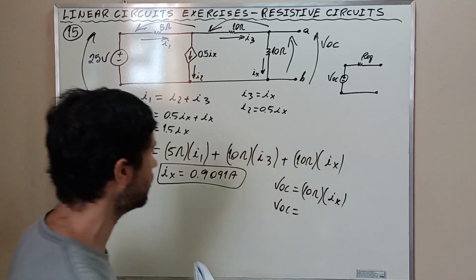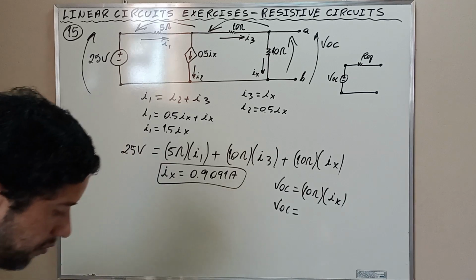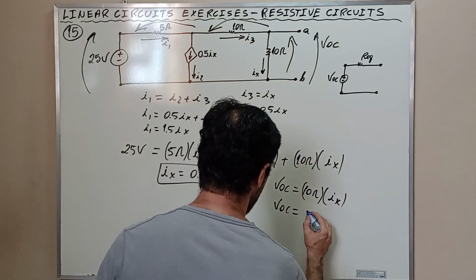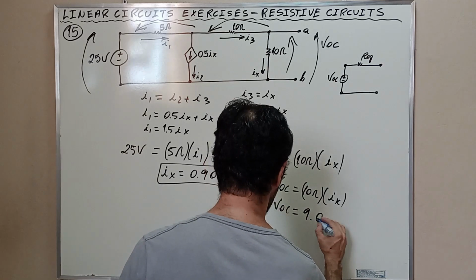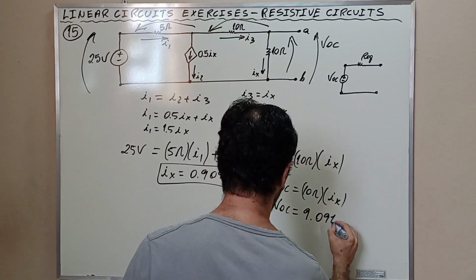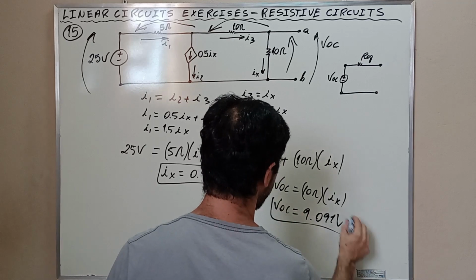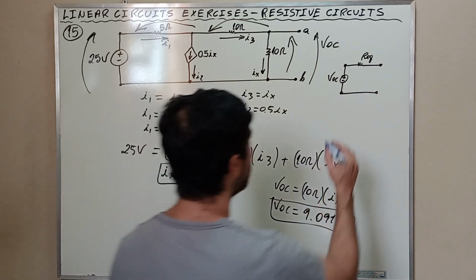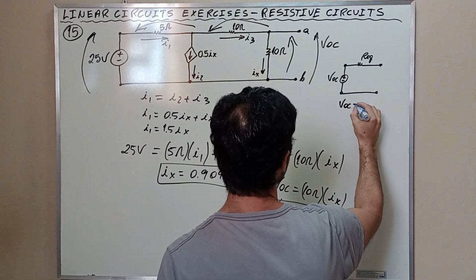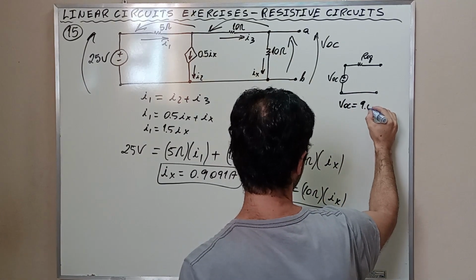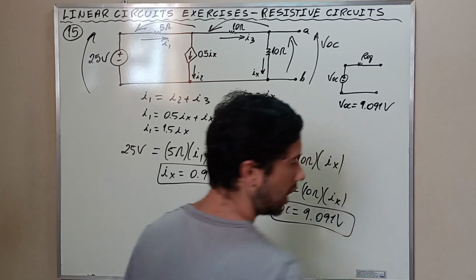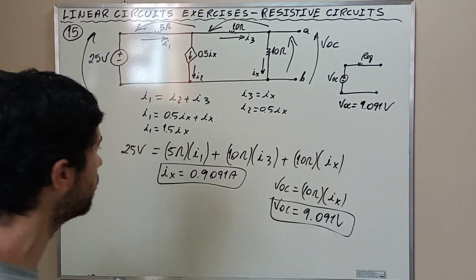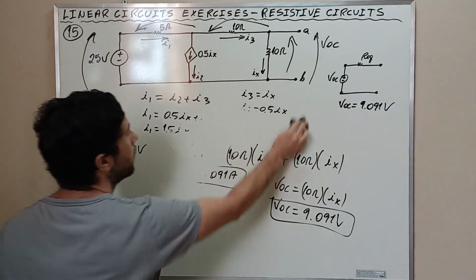If we calculate this times this, we find that the open circuit voltage is 9.091 volts. I'm going to write it here: VOC is equal to 9.091 volts, to not forget, because I'm going to need room and I'm going to have to erase it here.